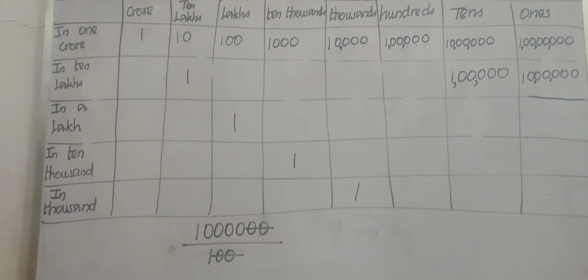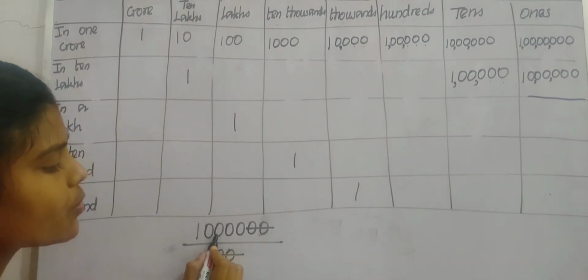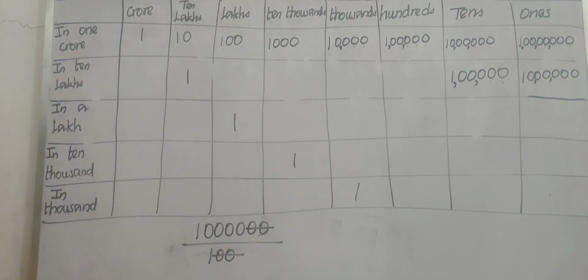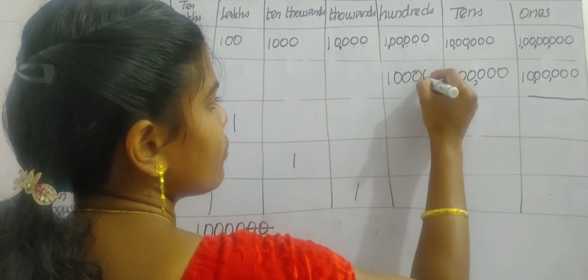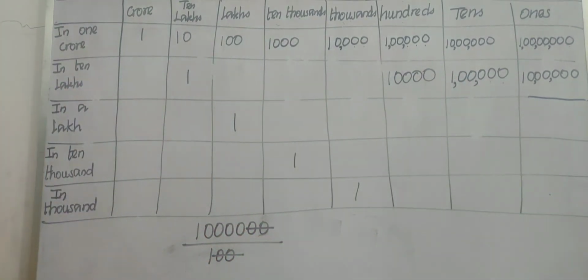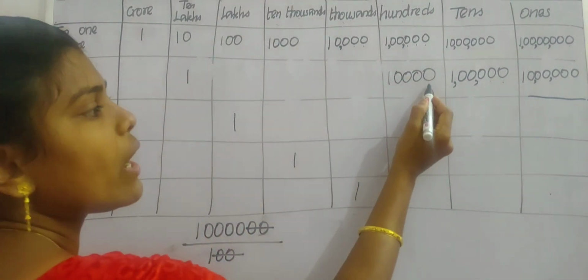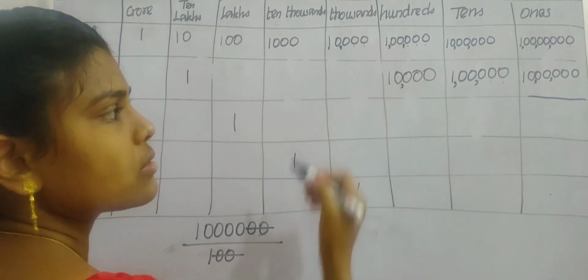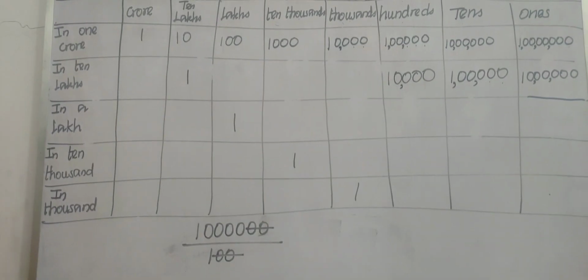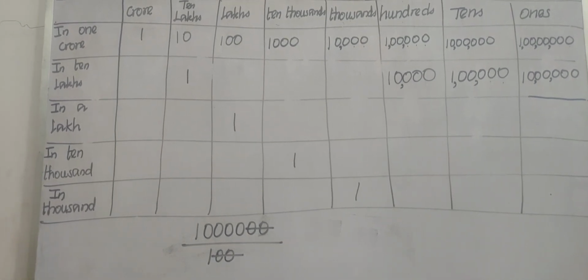So how many zeros are we having? 1, 2, 3 and 4. 4 zeros. So write it here. 1, 2, 3, 4. Now insert the comma. 1, 2, 3. Put comma and then count 2. So 10,000 times hundreds are there in 10 lakhs.